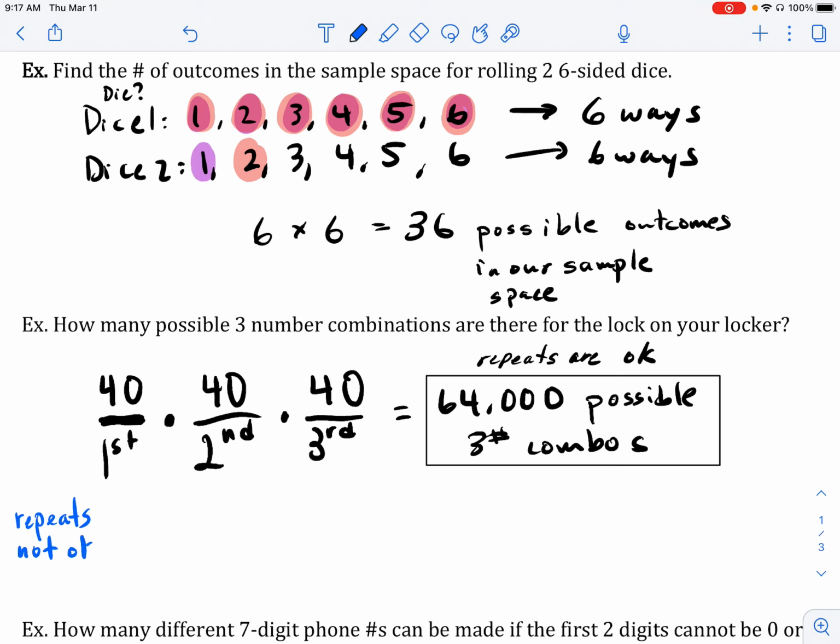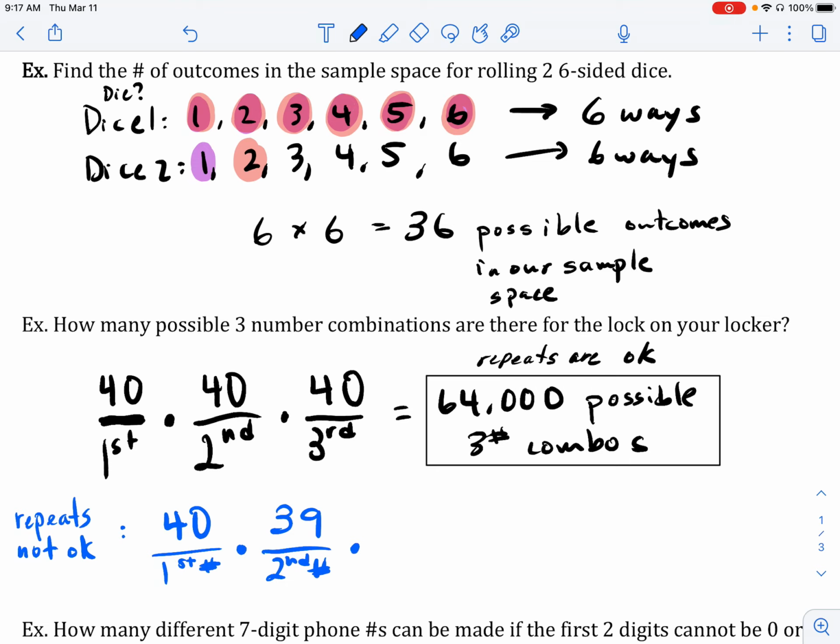How about something like this? Well, starting out with the first number, for the first number, we would still have 40 different possibilities there. But because now repeats are not okay, as soon as you use a number in the first spot, that is off the table. We can't use that anymore. So now, in the second number spot, we would say there's a possibility of 39 numbers that could fit in that spot because you can't use the same number again.